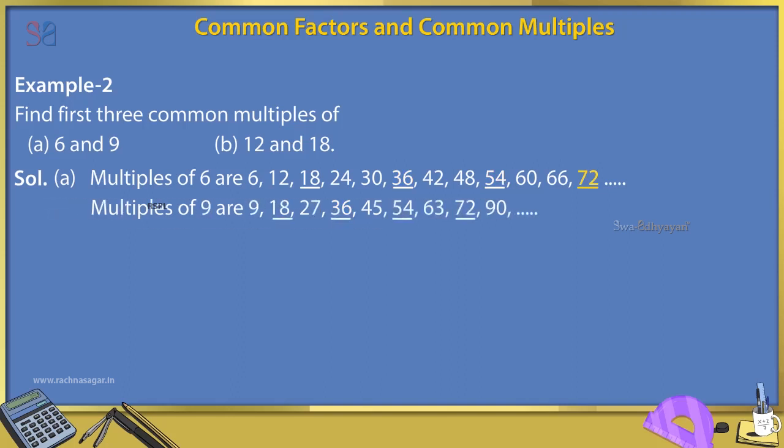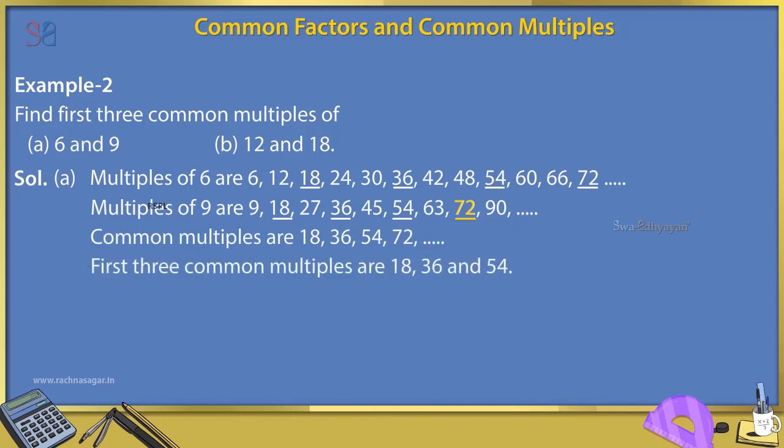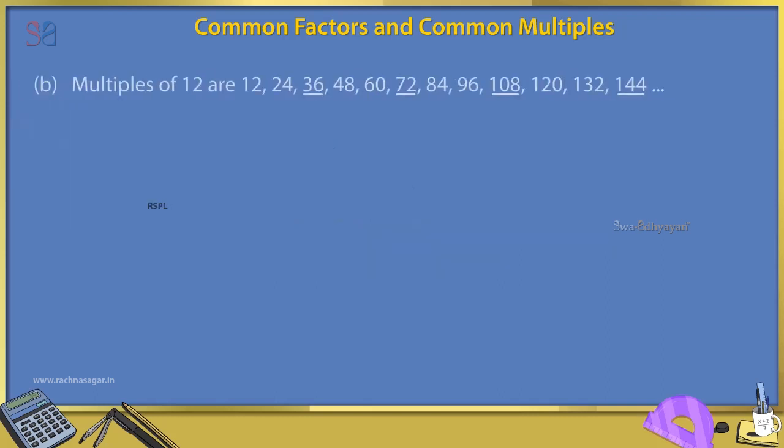Multiples of 9 are 9, 18, 27, 36, 45, 54, 63, 72, 90 and so on. Common multiples are 18, 36, 54, 72. First three common multiples are 18, 36 and 54.